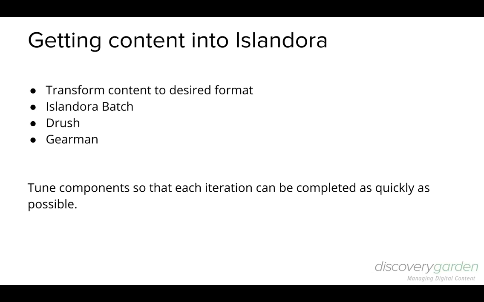It's important to tune the components of the stack so that each iteration of the migration, so each time you actually try to do it, it happens as fast as possible. So this gives us the ability to fail and recover quickly and learn from that failure. So common spots in the stack that folks tune to increase performance would be the Tomcat and Java memory options, so making sure that there's plenty of memory for the operations to run.